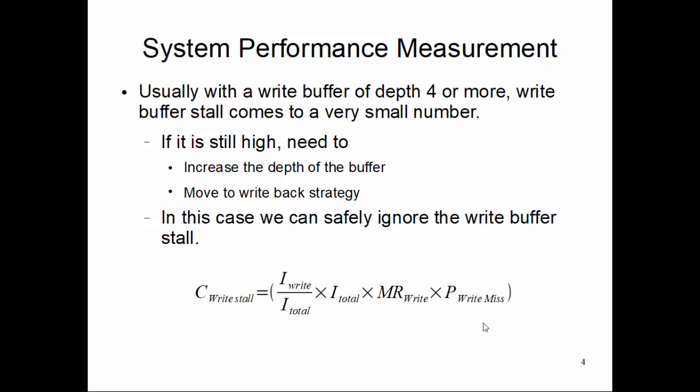Usually with a write buffer of depth 4 or more, the write buffer stall comes to a very small number. So we can actually ignore it in our equation in most cases unless it is specified.